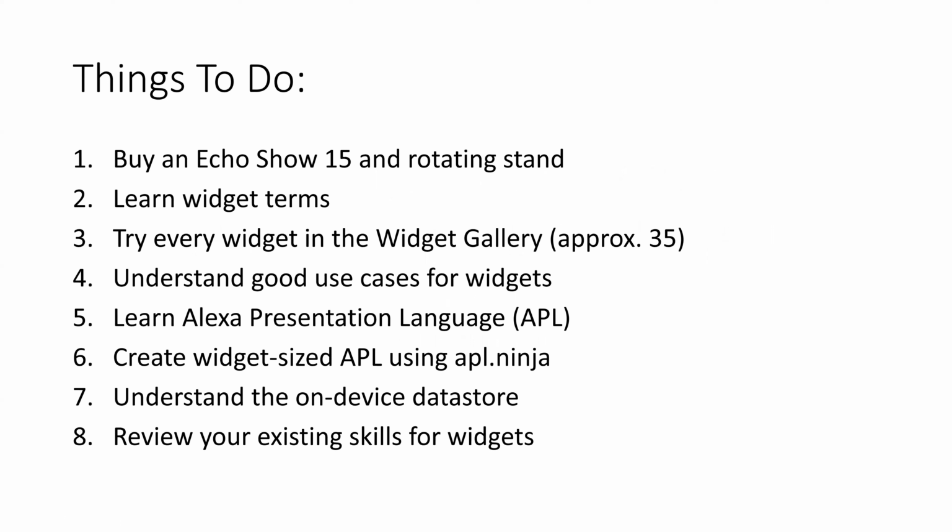Right now, there's only about 35 of them. It won't take a long time to do that, and you'll get a good feel for what widgets are out there. It'll also help you understand what are some good use cases for widgets and figure out for yourself how that might affect what you do with your skills and widgets in the future.